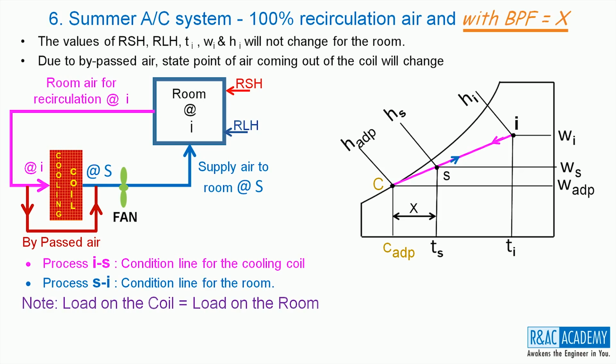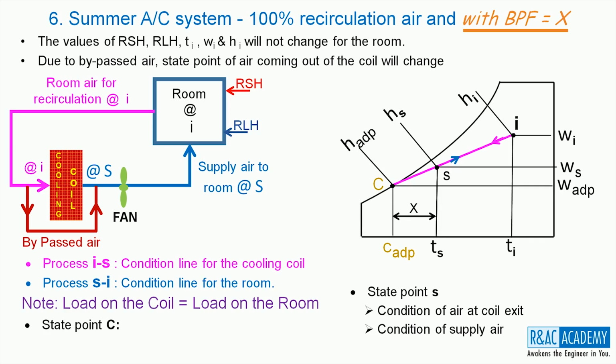Now let us look at what the state points S, C and I represent in this case. The state point S represents the condition of air at coil exit and the condition of air supplied into the room. The state point C in this case represents the condition of the coil surface and also the condition of air at coil exit which contacted the coil.